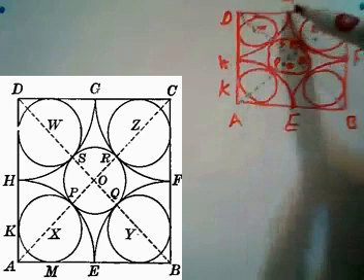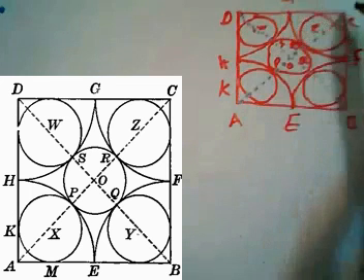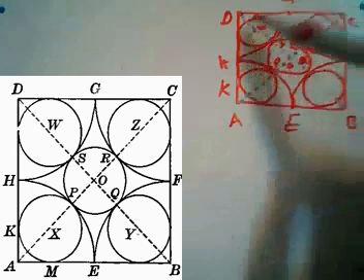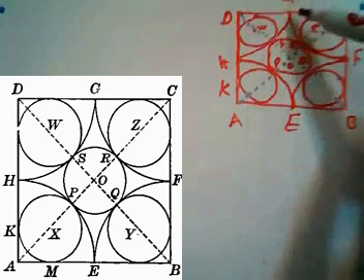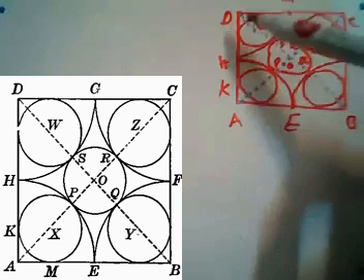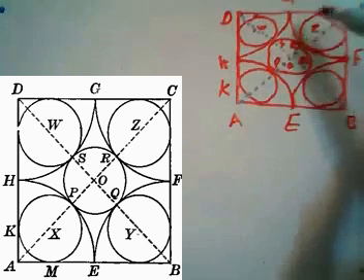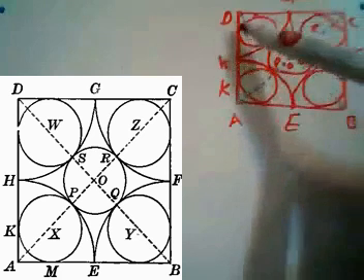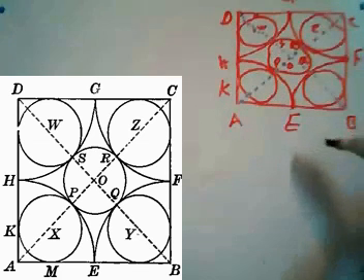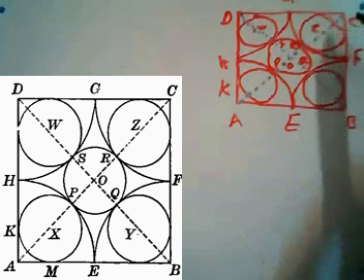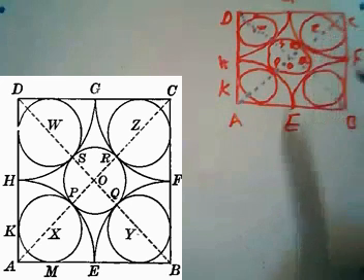For instance, here is DG, and DG is half of DC. So first we draw quarters of circles whose centers are D, C, A, B, and whose radii are half of the square side.